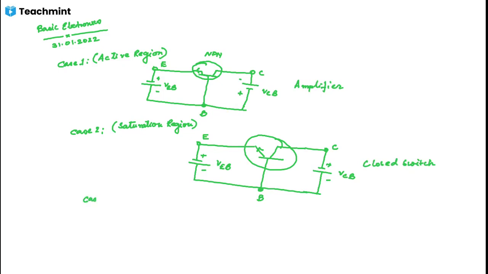Now, case 3, that is cutoff region. So for this cutoff region, if I draw the circuit diagram, if you see, the emitter base junction is in reverse bias and the collector base junction is also in reverse bias.